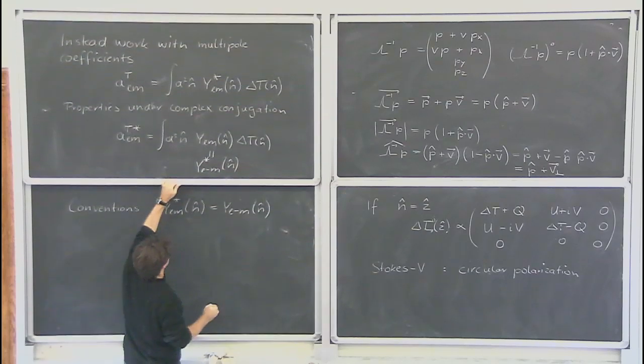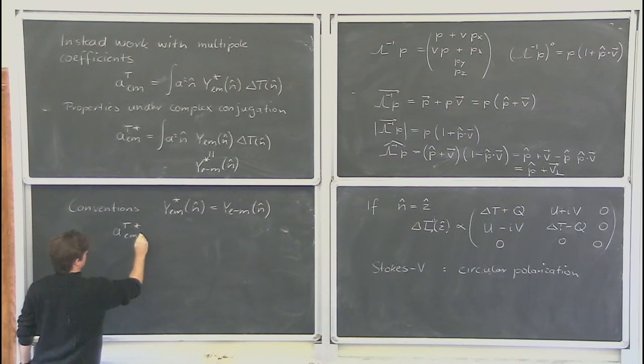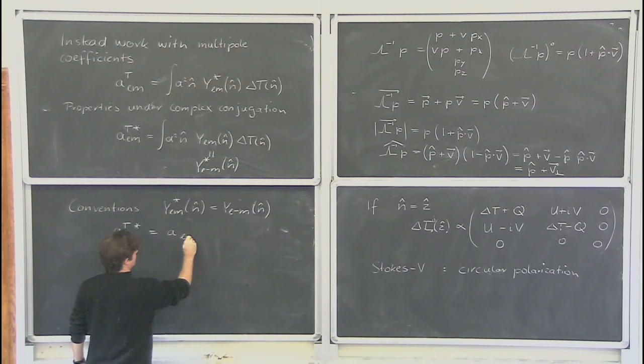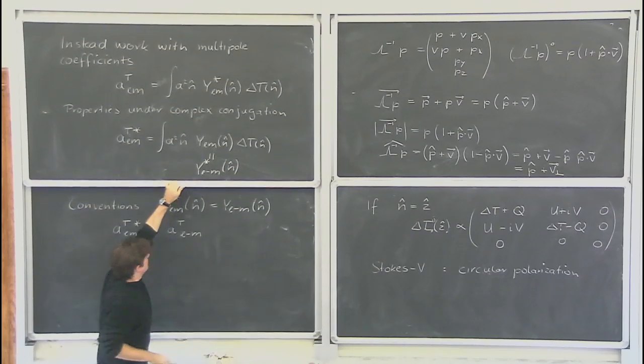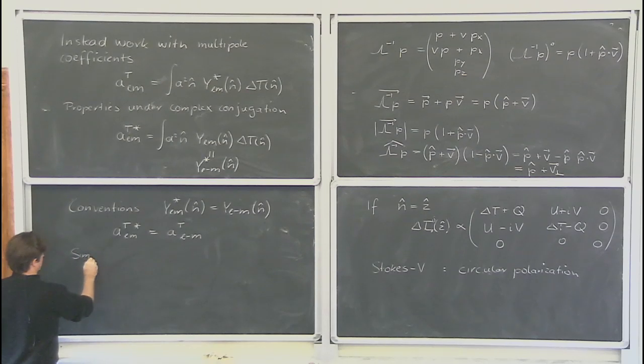And so then in these conventions, you see that a_lm T complex conjugated is the same as a_l minus m of T. This is the consequence of the temperature field being real. And then we can introduce similar multipole coefficients for the polarization.